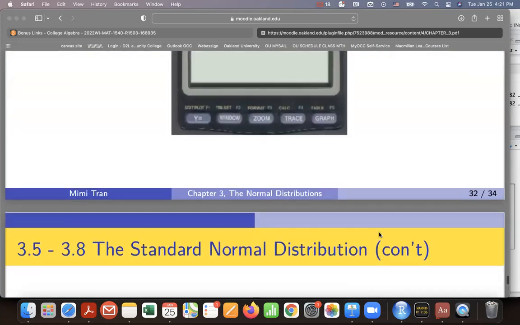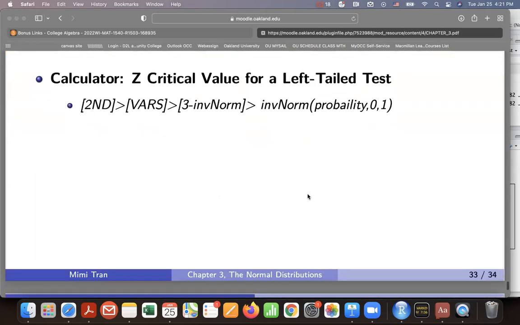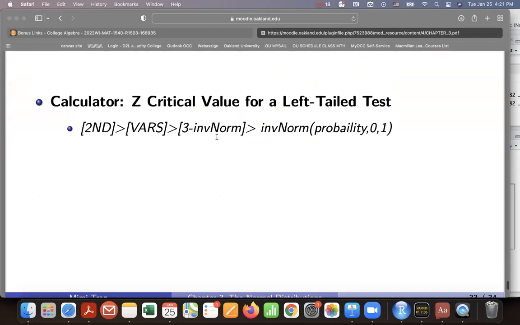So from probability to z, this one is the z critical value for the left tail test. What you're gonna do, same thing, second vars, but you're gonna go to number 3 instead of number 2. Second vars, go to invNorm, so inverse. Remember NORM.INV in Google Sheets. You're gonna enter the probability.